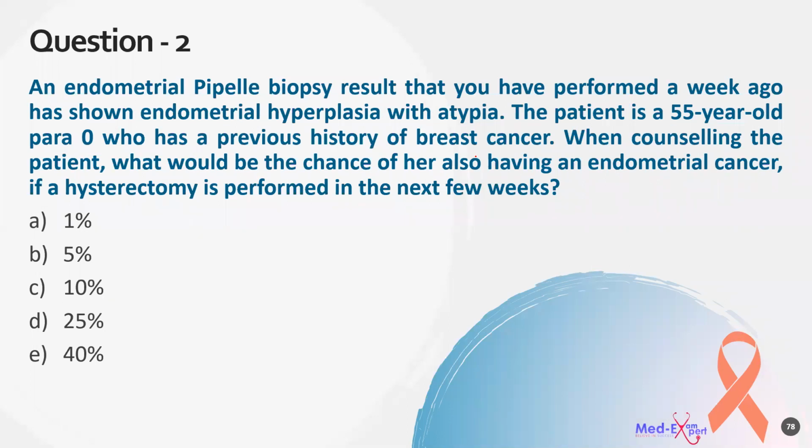I choose E. Yes, it's 40%. Of course, in the guidelines it's 43, but in the exam you choose the best answer, so it's around 40%. That's right. So the answer is E.